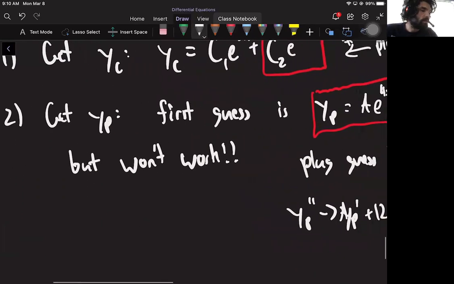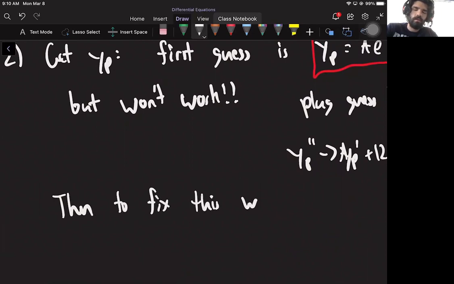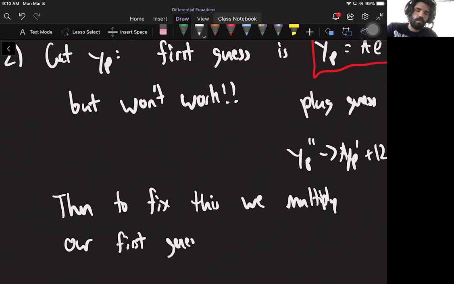So instead, we have to fix it, but luckily it's easy to fix. We try a different guess that we get by just multiplying our first guess by x.